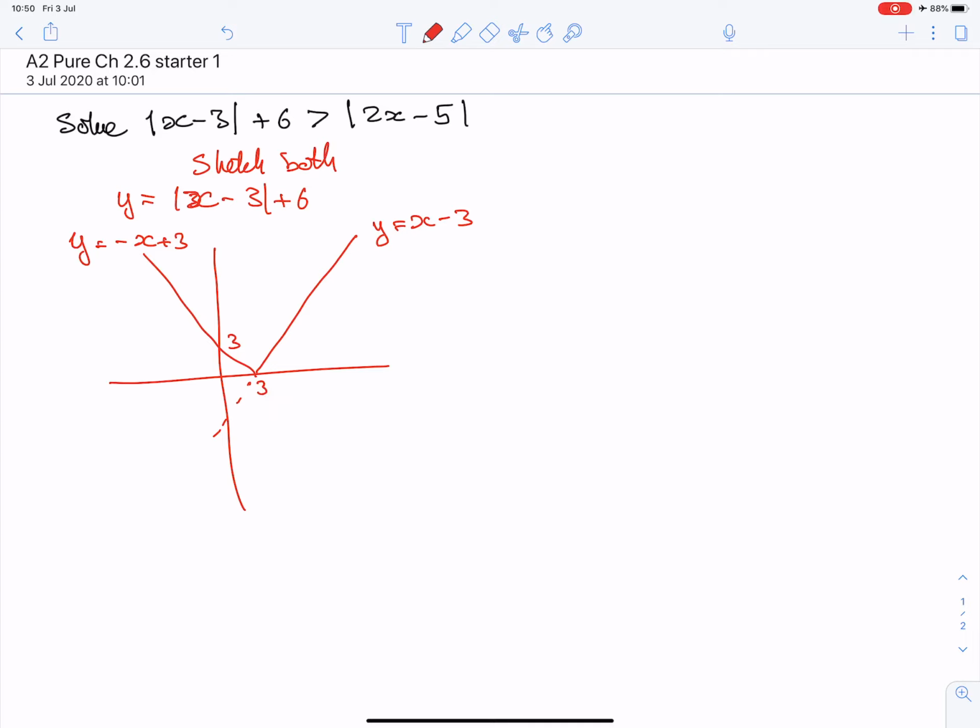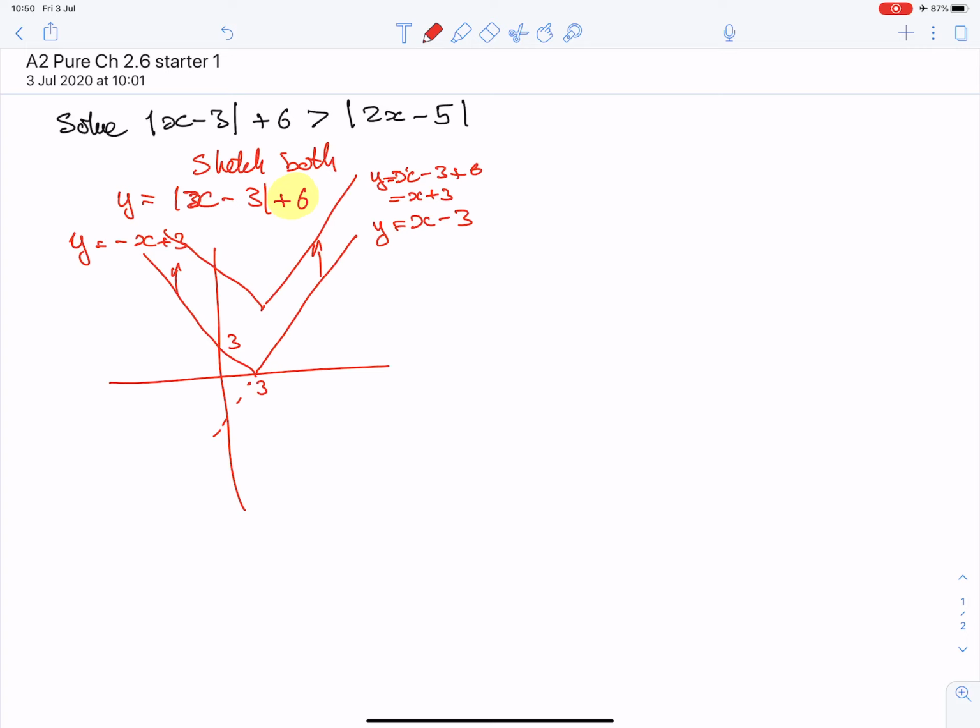That graph then has plus 6 added to it, so it's going to get translated up 6. So we're going to have another graph here, y equals x minus 3 plus 6, which is y equals x plus 3.